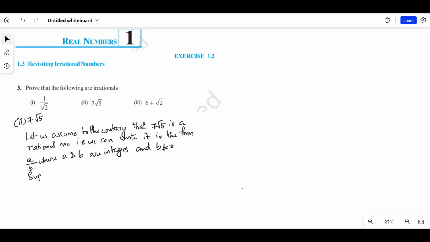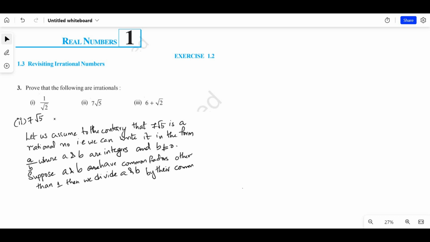Suppose A and B have common factors other than 1, then we divide both A and B by their common factors to make them co-primes.